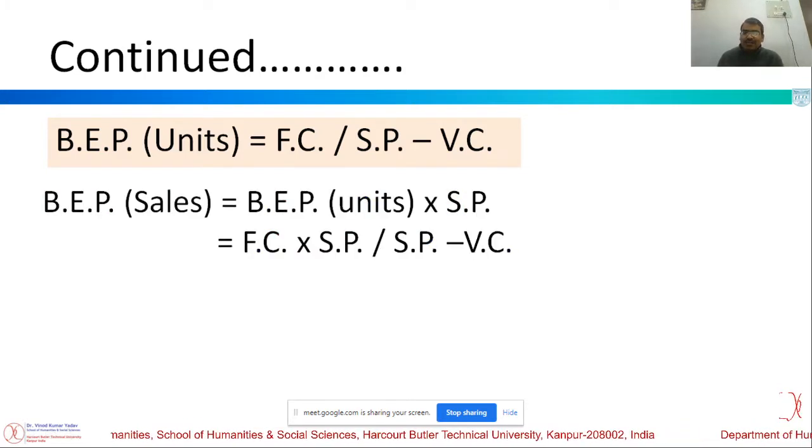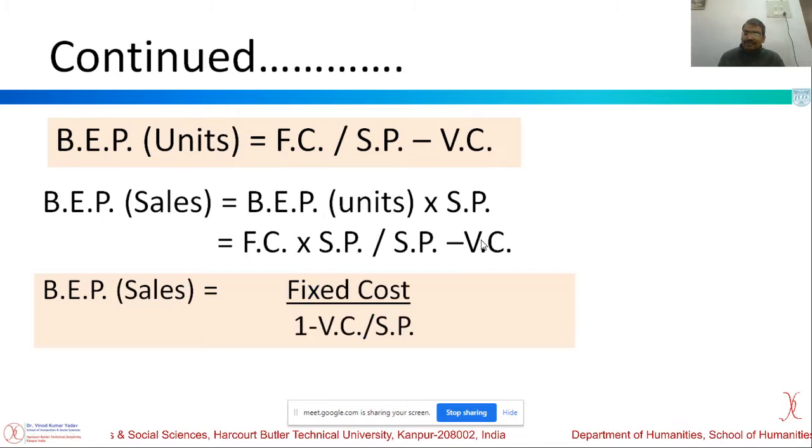So break even units multiplied by selling price per unit gives you the break even point in terms of sales. So it will be FC into SP upon SP minus VC. So it will become fixed cost upon 1 minus VC upon SP. That means SP will cancel and it becomes 1 minus VC upon SP.